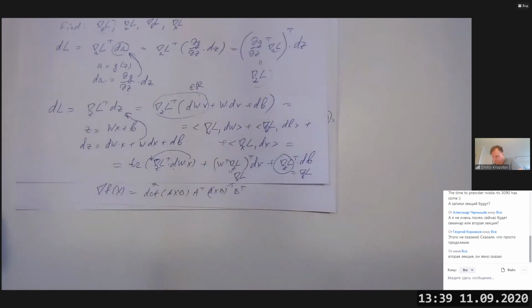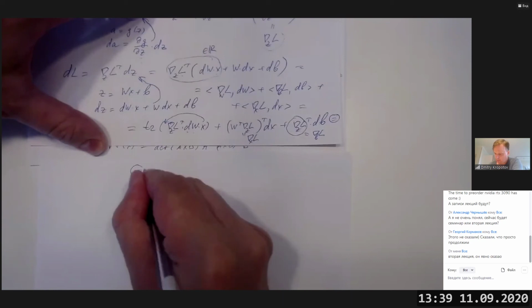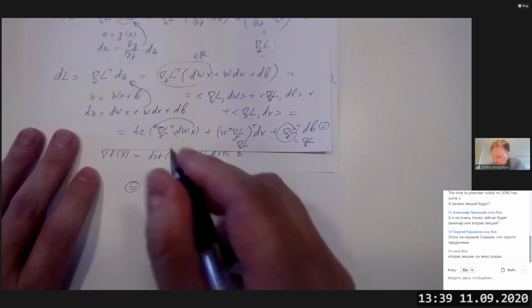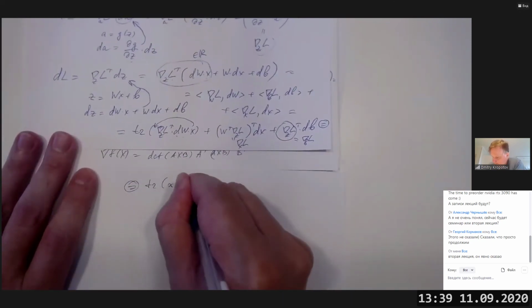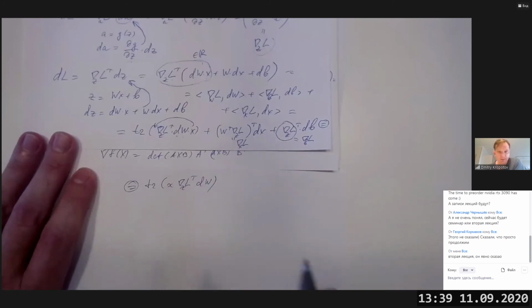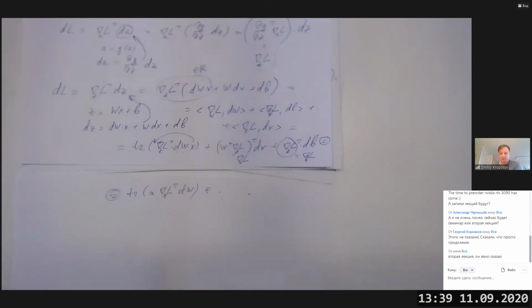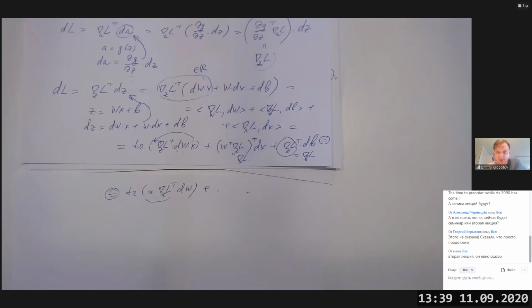And finally, this is equal to trace of x times the gradient of L with respect to z times dW plus the last part.